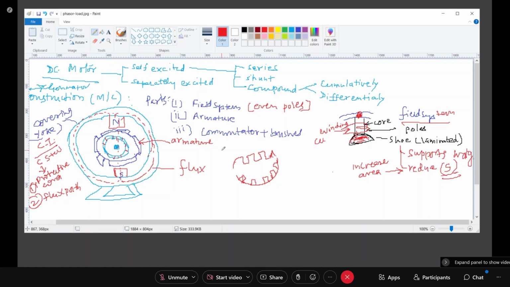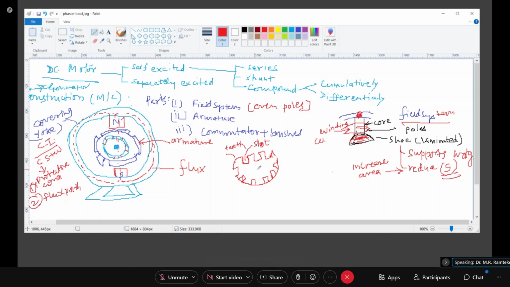So here you have this structure. We call this portion the teeth and this deep portion we call a slot.